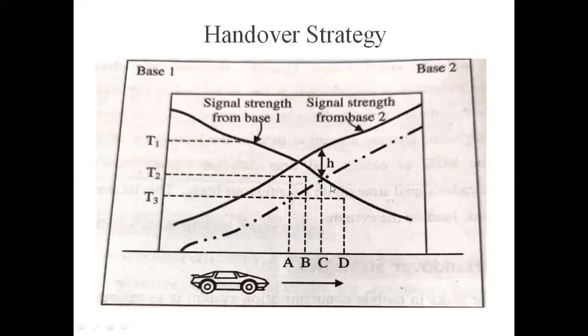Looking at the variation in signal strength, the handover should occur at position A, where the received signal strength from base 2 is quite higher than that from base 1.